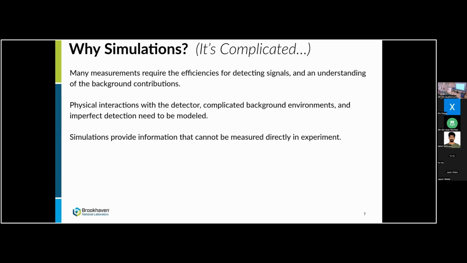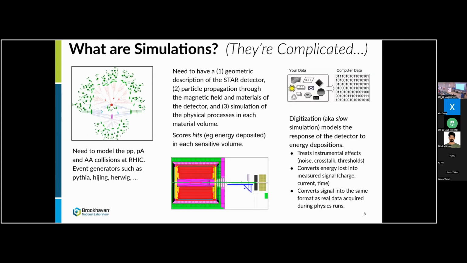So physical interactions with the detector, complicated background environments, and imperfect detection all need to be modeled. And simulations are what provide that information. The stuff that we cannot measure directly in the experiment, we can extract from simulations.